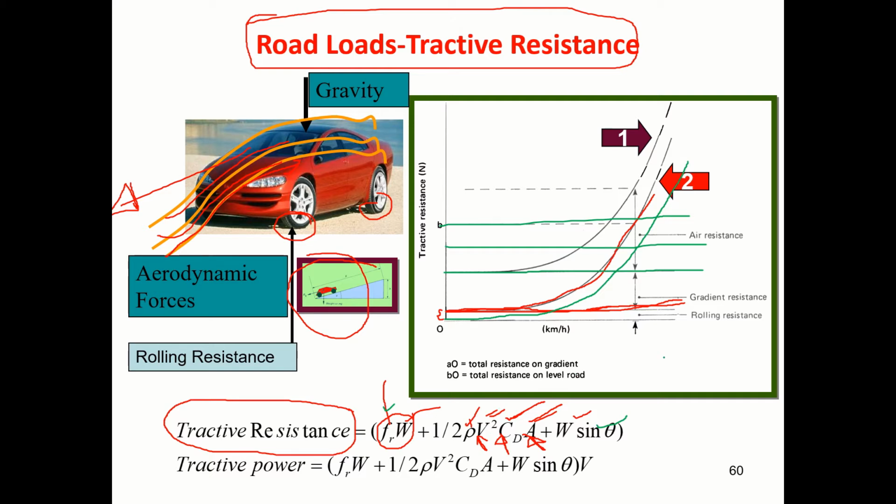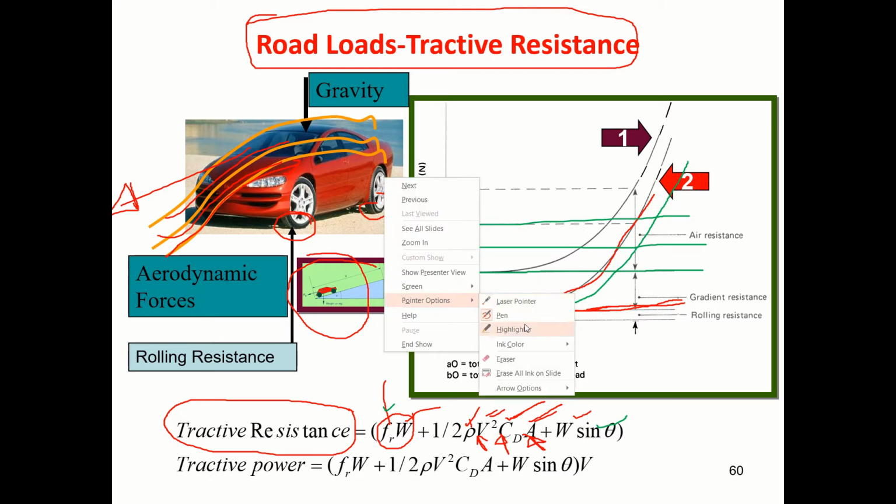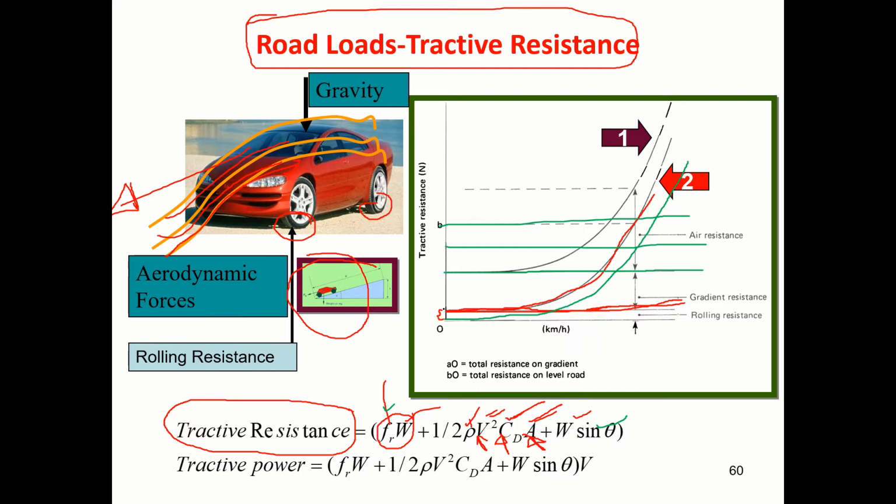Right? So then you can add all of them, that is gradient resistance, aerodynamic resistance, and rolling resistance for a given theta, and then we can draw the total tractive resistance curve.